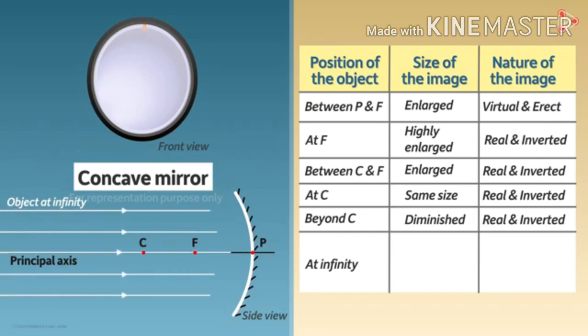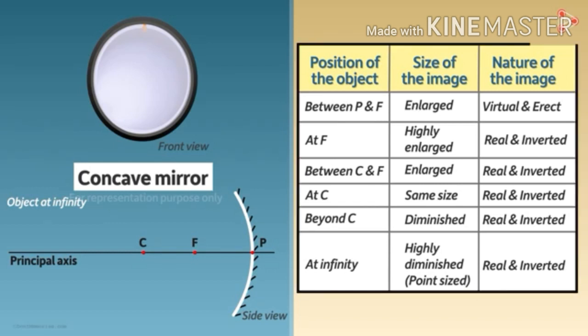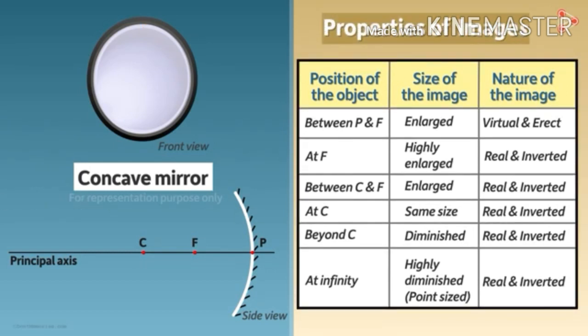Now, the rays that travel towards the mirror just get focused at a point F. So, this object now seems to be highly diminished and it is almost like a point. The nature of the image is real and inverted.